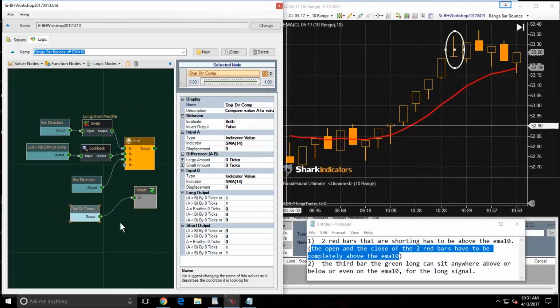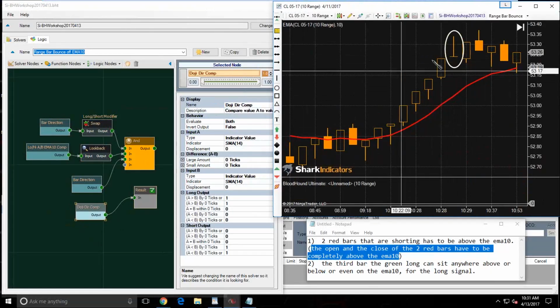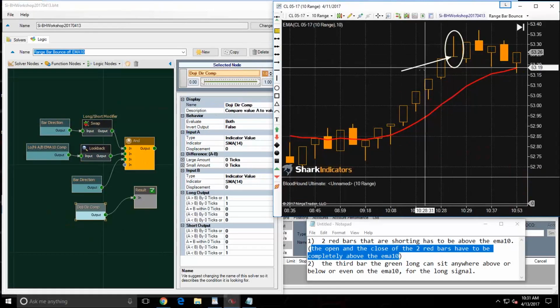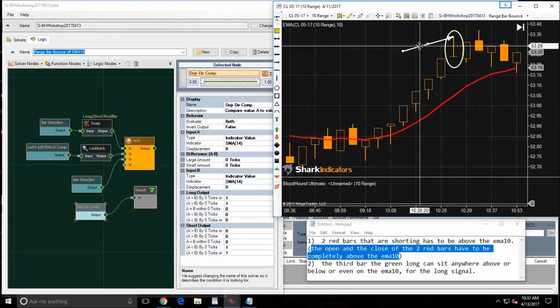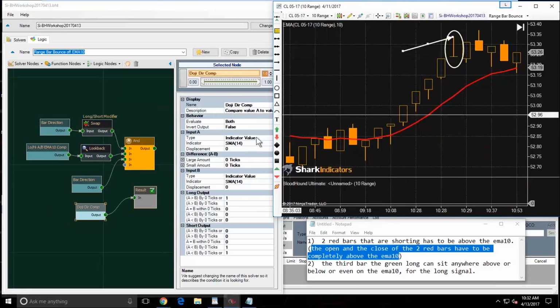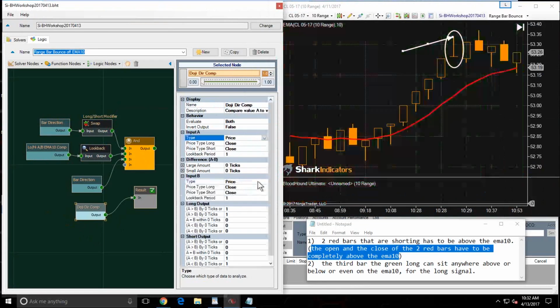This comparison solver is essentially working with just price data, right? We're going to see, does the close of the bar equal the low of the bar, or does the close of the bar equal the high of the bar? So input A is going to be price, and input B is going to be price.